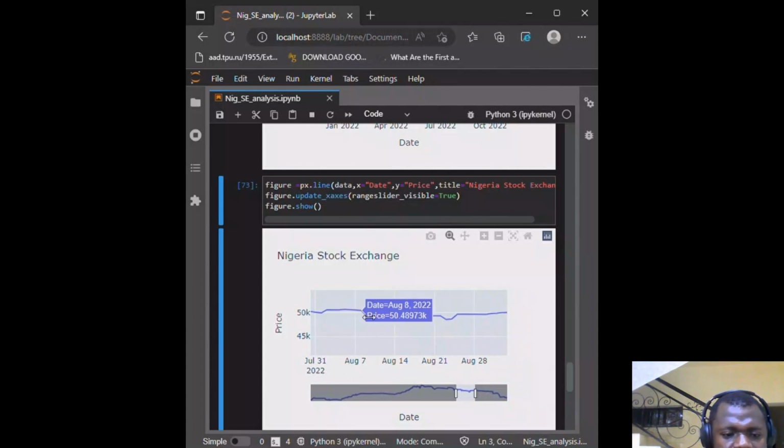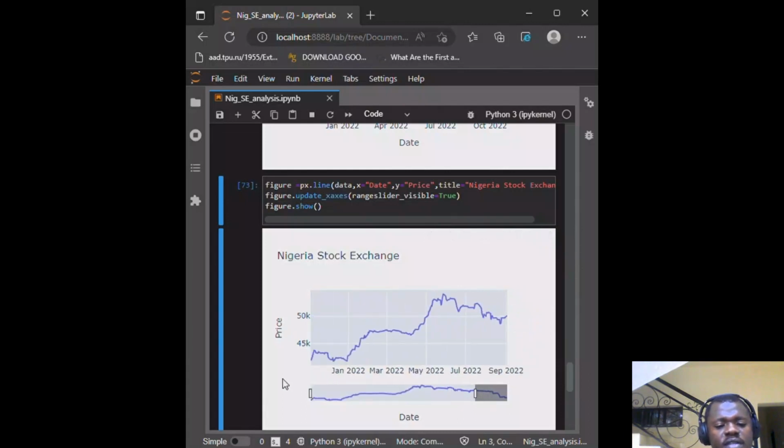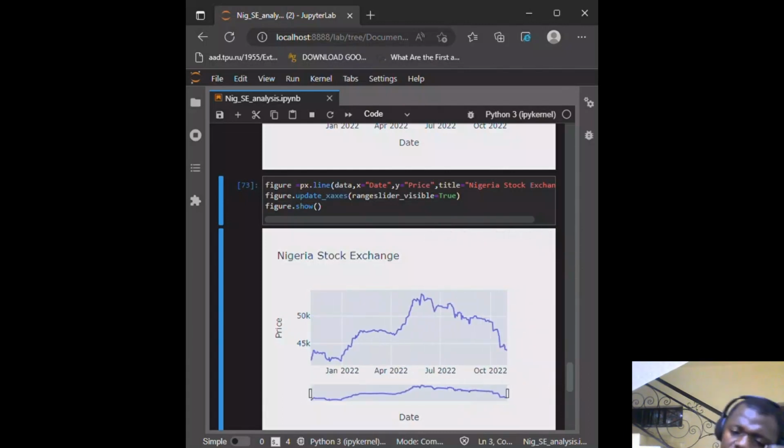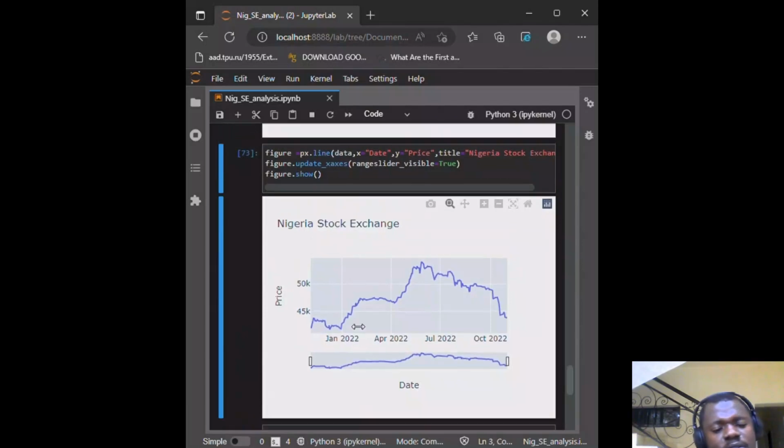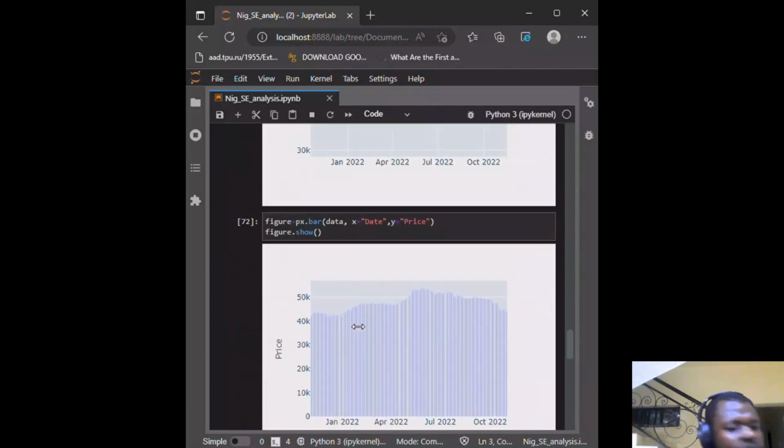It dipped on certain days: the 9th of August, and then the 23rd and 24th. I believe that's quite telling. From these graphs, one could make interesting analysis and inferences moving forward.